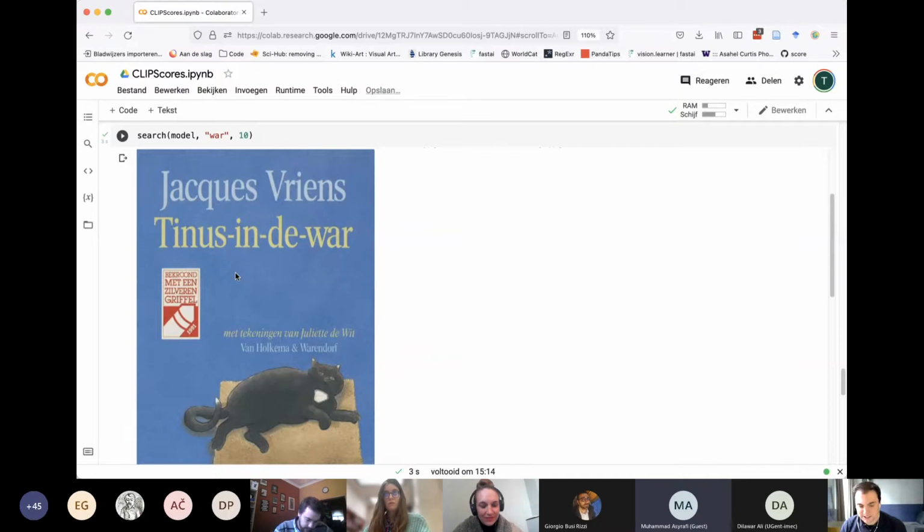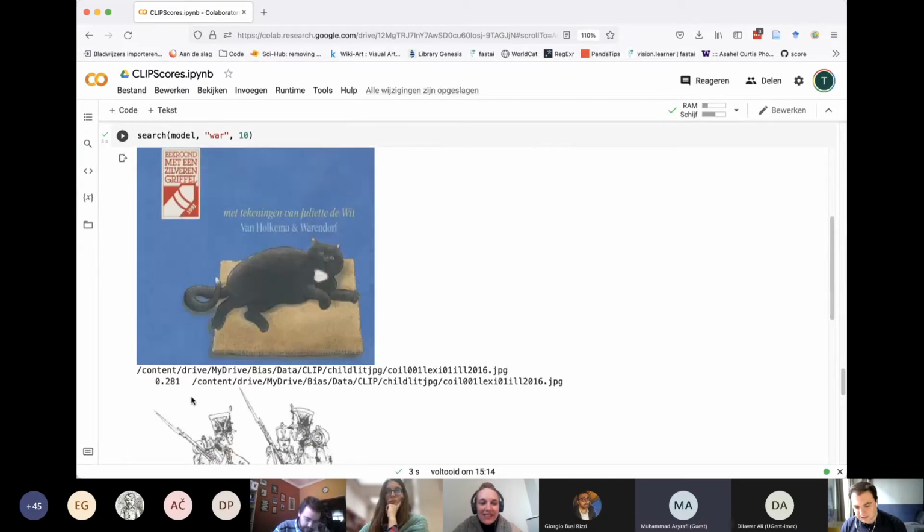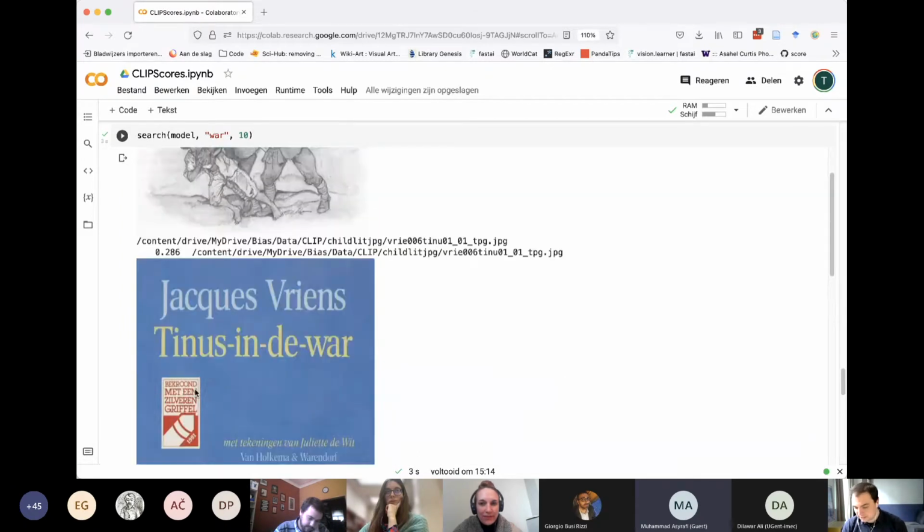So in this sense, you said "Tinus in de war", which in Dutch means confused, but it's of course also the same as war. If that's on the image, then that will immediately result in a very high cosine similarity score, or at least a relatively high score. So in this case it's still comparably low, but still it turns up in the 10 best results.